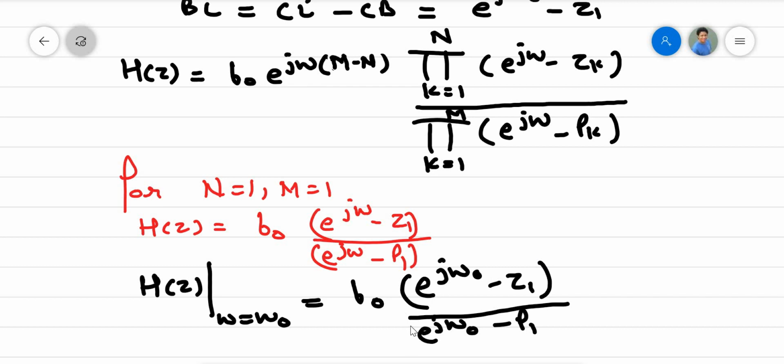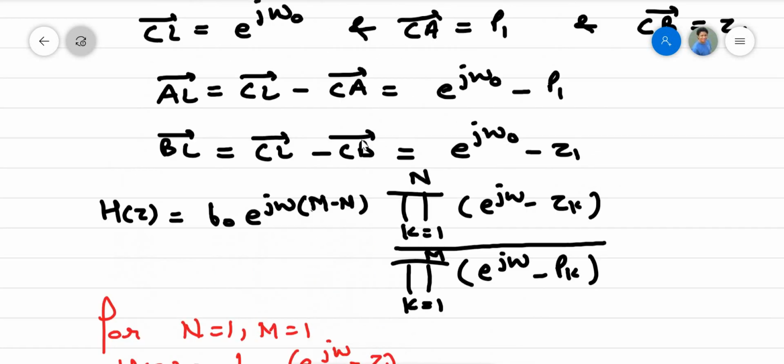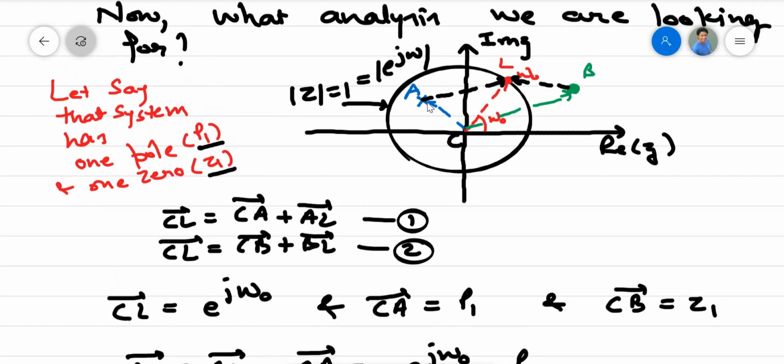So this separation which we are discussing right now is this one. How far this pole is from this particular point will impact the overall response, and also how far this particular zero is from this frequency will impact the response of this system at this frequency.